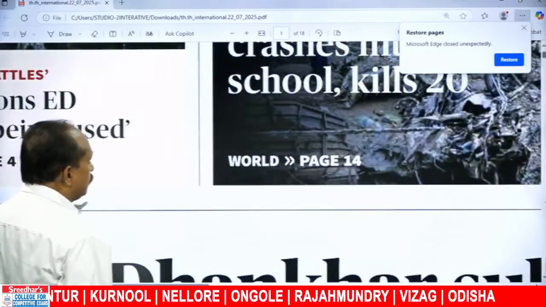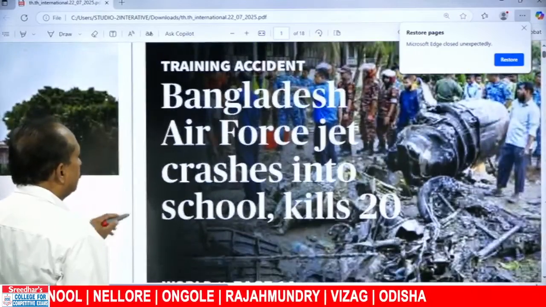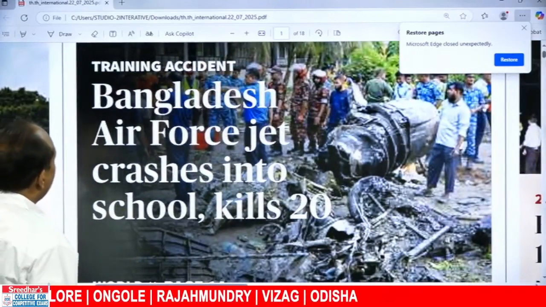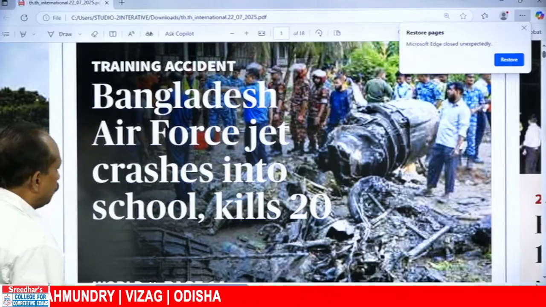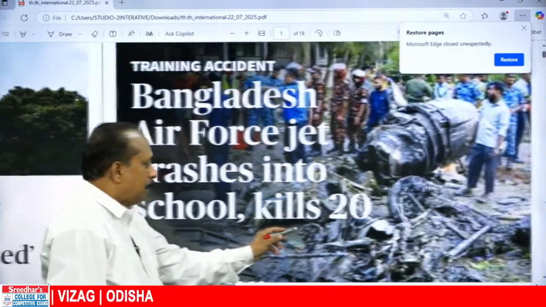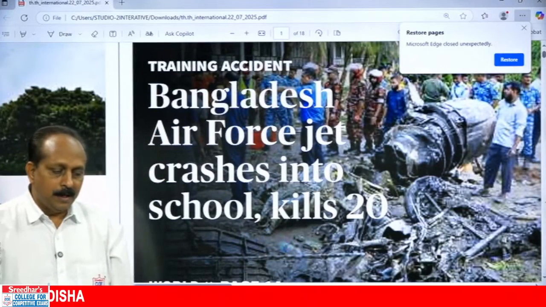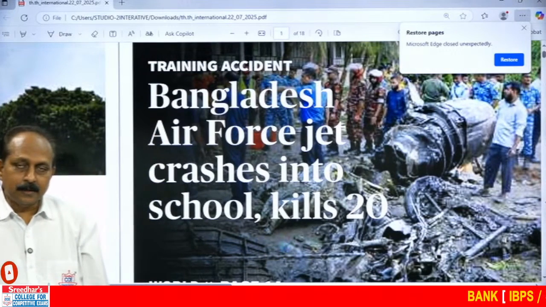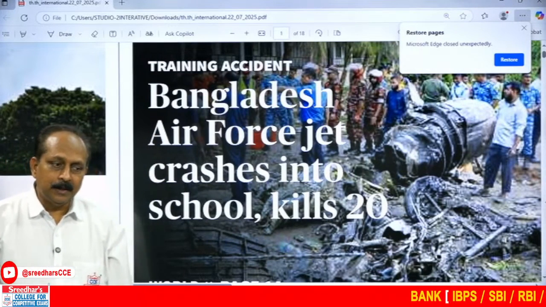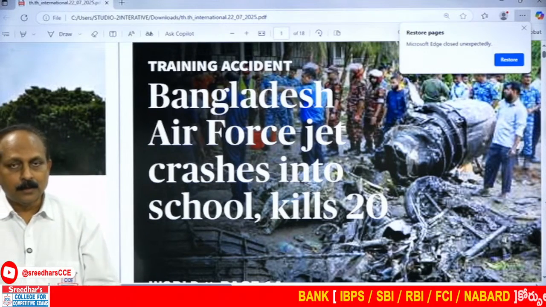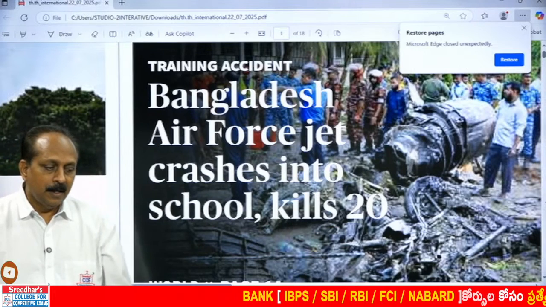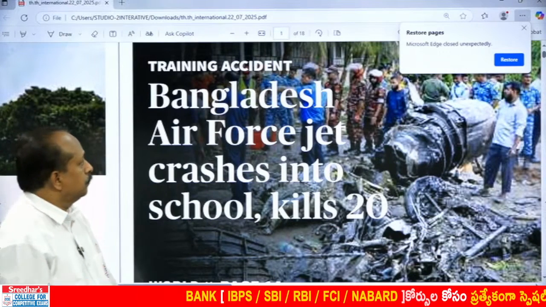Going to the second snippet, training accident. Bangladesh Air Force jet crashes into school, kills 20. Another plane crash, but this time in Bangladesh. And it is not a civilian flight, it goes with training. It goes with the defense people. That particular training plane has crashed and it killed about 20 people.